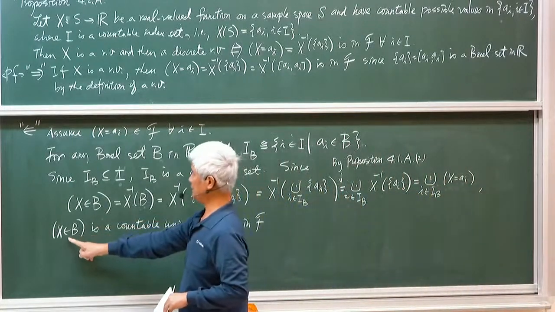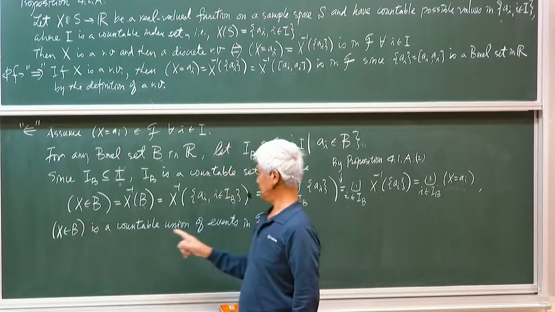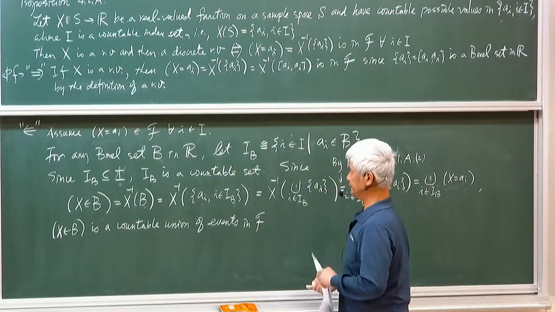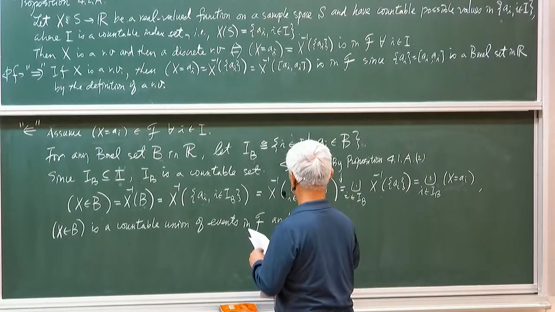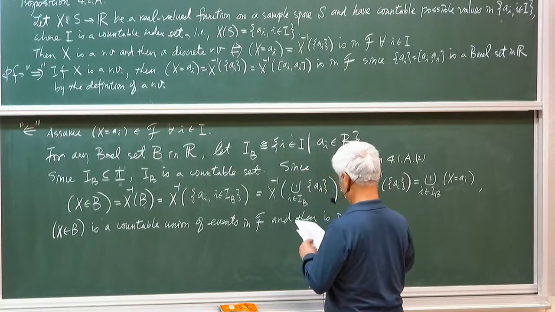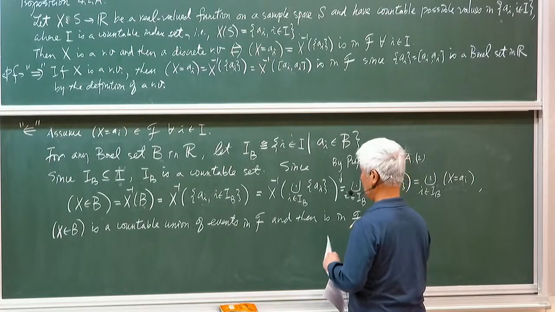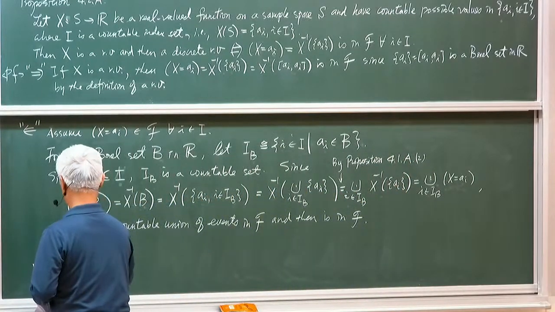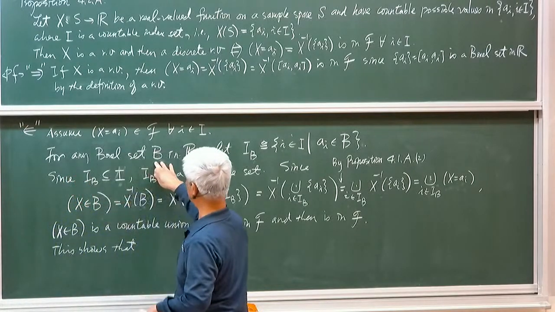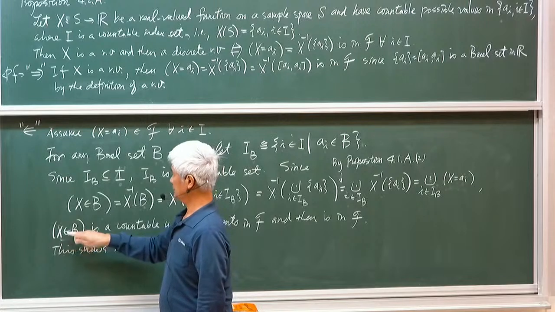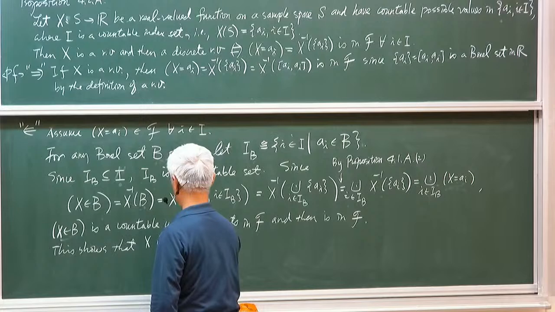So this shows that this set is in F. So for every Borel set B, X in B is in F. This shows that X is a random variable.